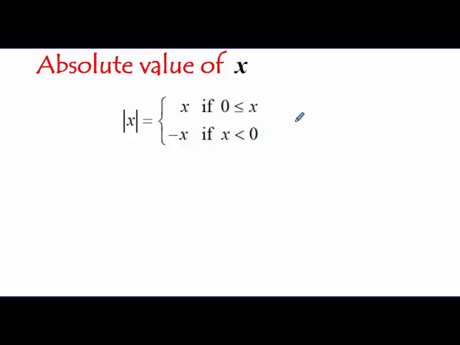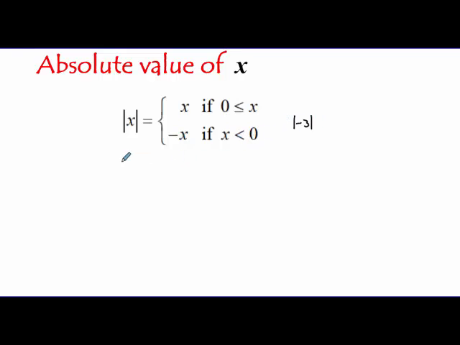So that simply means that if we've got a numerical value like minus 3, and want its absolute value, we simply need to apply this definition carefully. First of all, we've got to look at what is in the brackets, between the bars, whether it's greater or equal to 0 or less than 0.